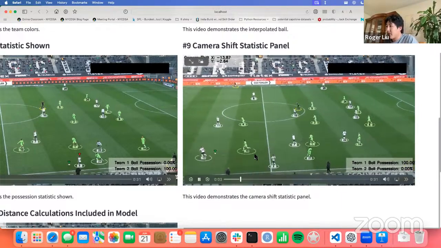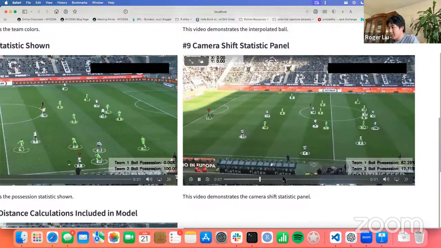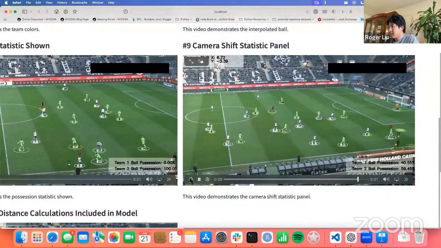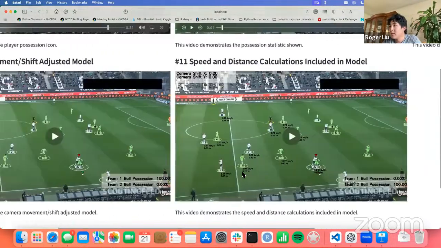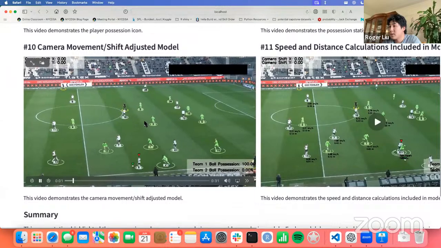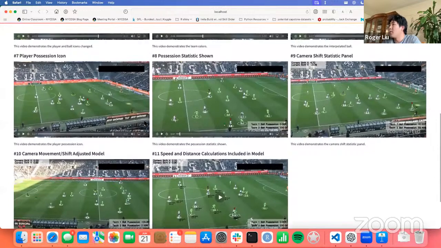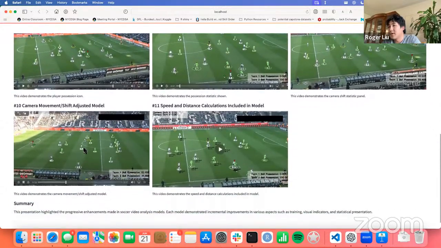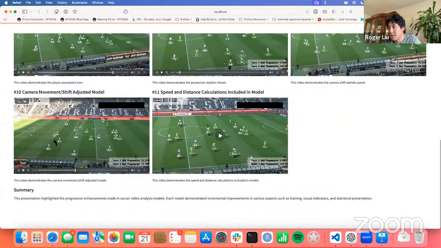Visually, it looks no different; it's all calculations done behind the scenes. And then the last model I added is the panel here. This is with the position adjusted for the shift.